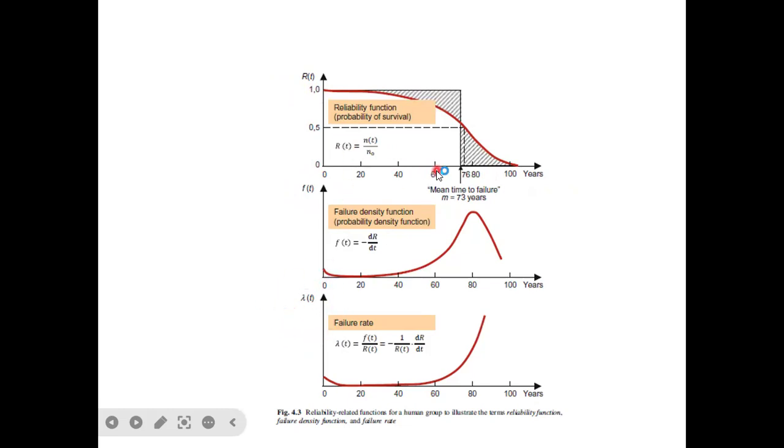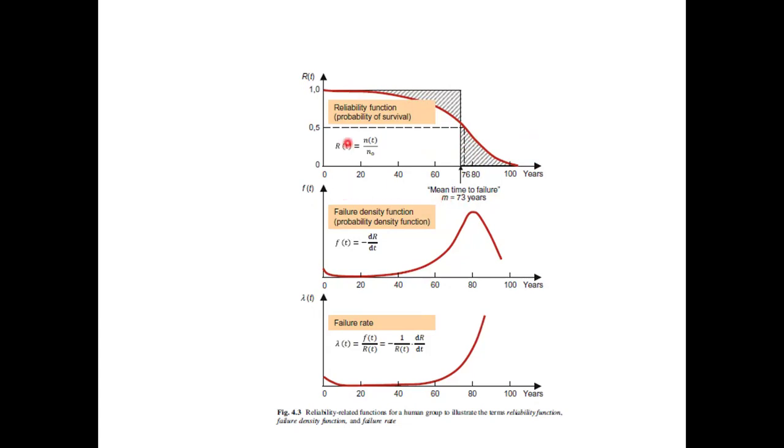Here you can see at the age of 73, that is M equal to 73, that is the mean time to failure. If you draw the graph between these two, it should look like this. So this is the survival period of a human. Maybe he may start needing repair from here, like hospital visits and health problems.